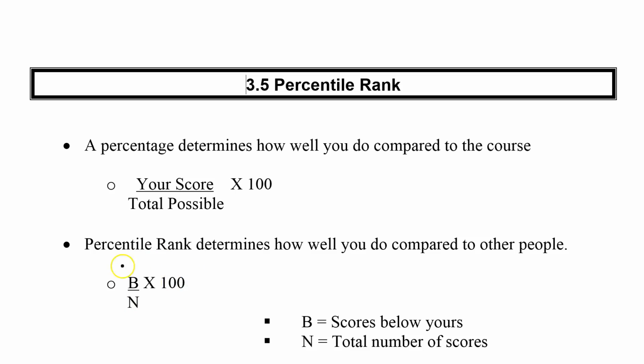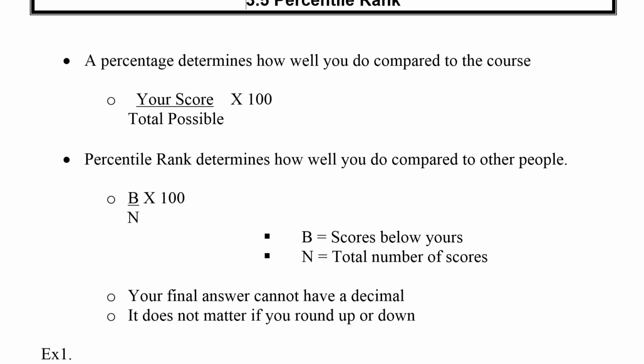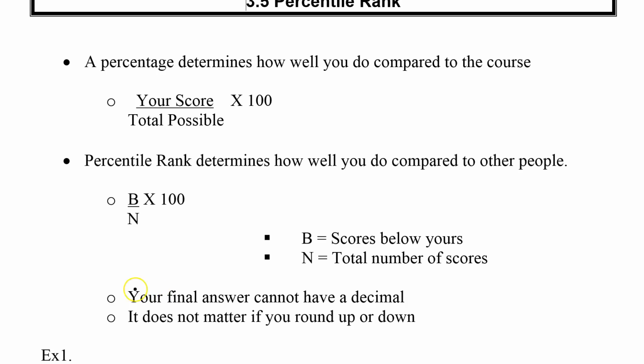Now with a percentile rank, we have a few restrictions on what we can have for our final answer. First one is that your final answer cannot have a decimal. So if our percentile rank turns into 87.6, we cannot have a decimal attached to our final answer.